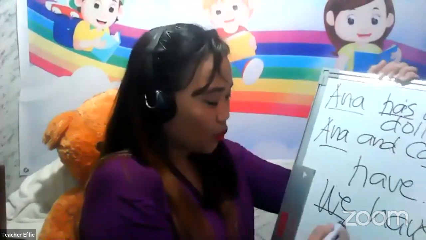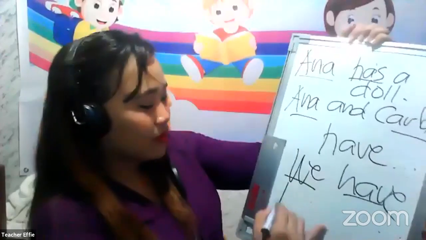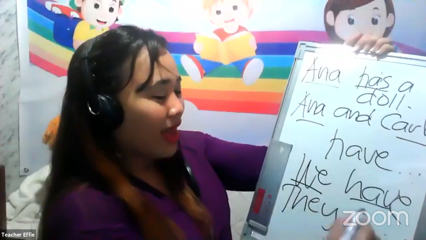And then Carla is my best friend. I am Anna. Carla is my best friend. We have. All right? Or I'm talking about them. So I can say they have. Take note. Has. Singular. One person. Have. Plural. Two or more.